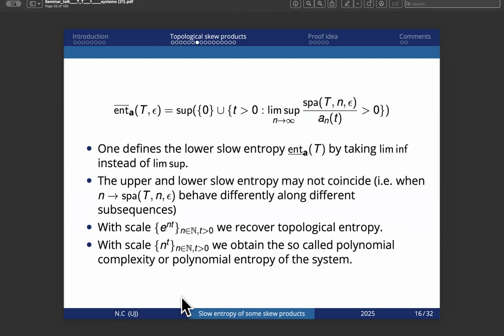So if we take this scale, people call this the polynomial scale, and with this scale we obtain the so-called polynomial complexity or polynomial entropy of the system. And there are more scales.